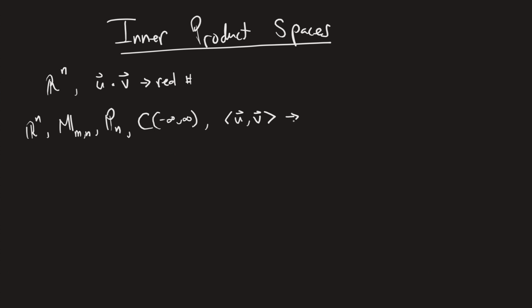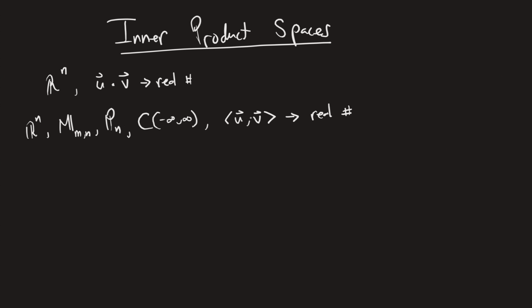Whatever that process looks like, we still want the end result to be a real number. Because that will then allow us to take the idea of an inner product and talk about distance and length and orthogonality in all these different vector spaces, which is so crazy cool, all right?